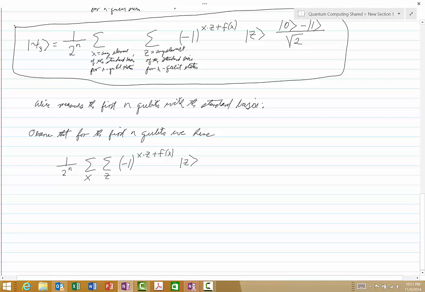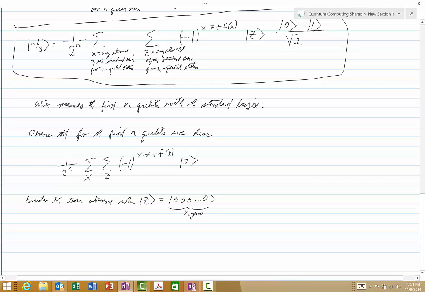So consider the term obtained when z equals 0, 0, 0, dot dot dot, 0, n zeros. Okay, so we're picking one term out of this z sum.